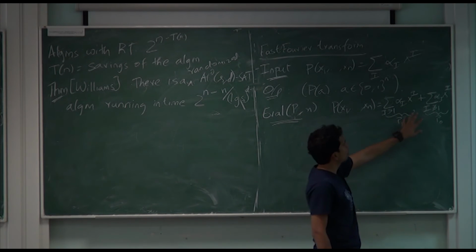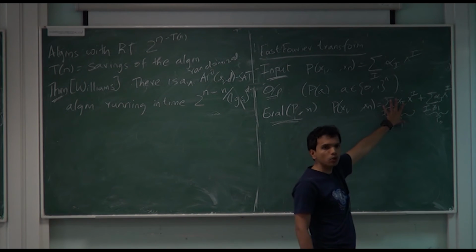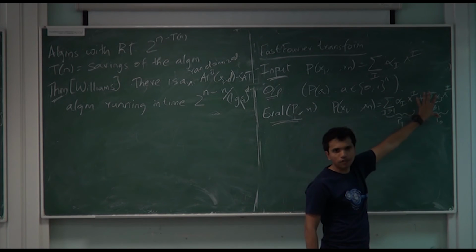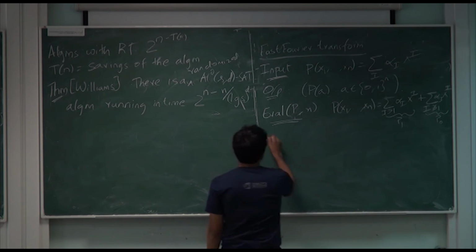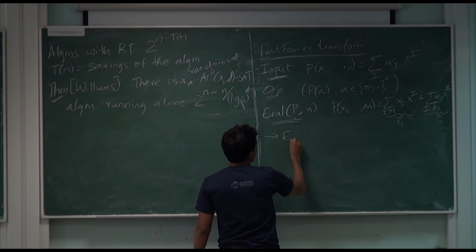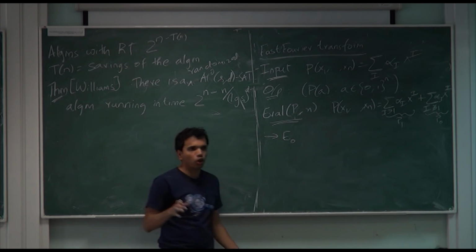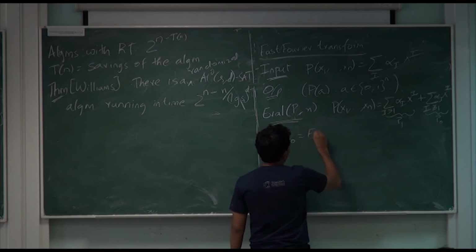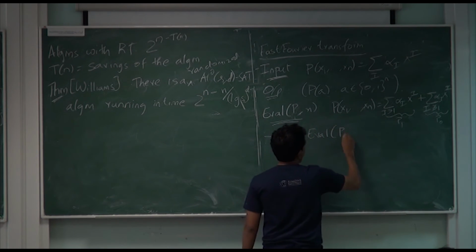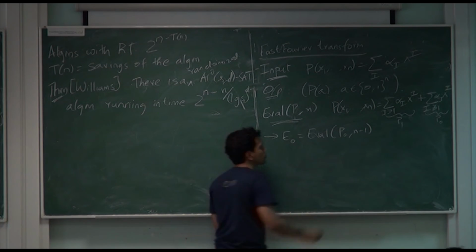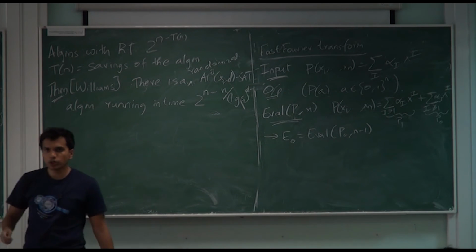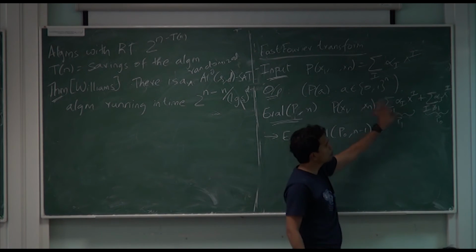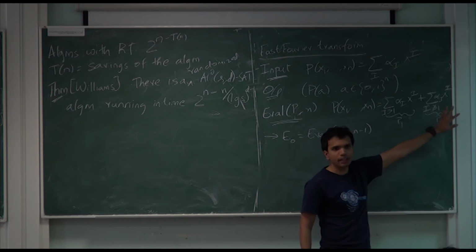So observe that on inputs where the first variable is set to 0, p1 doesn't really matter because all these terms disappear. So you just have p0, right? So to evaluate my polynomial on all inputs with the first variable set to 0, I just need to evaluate p0. On inputs where the first variable is set to 1, the first variable disappears and p1 just gets added to p0.